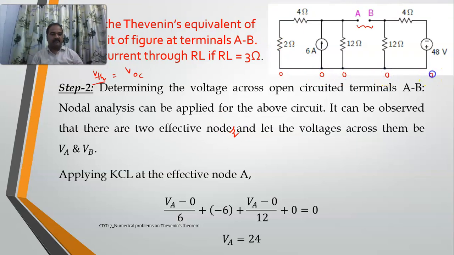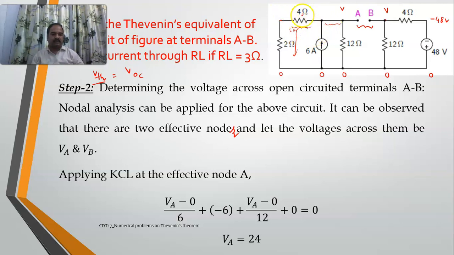This is also 0, and this is also 0. If this is 0, then this will become minus 48, and this will become 1, and this will become another one. Both are the same, right? And you can take this entire one as 6 ohms if you want. Or else you can go with another node also.